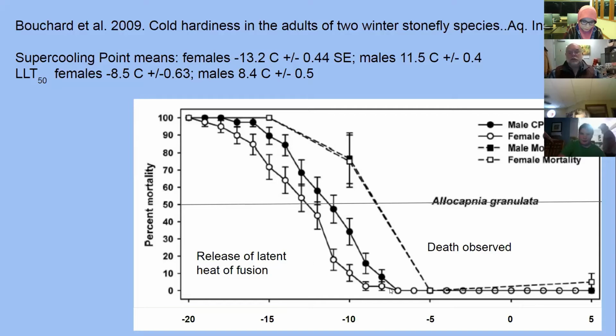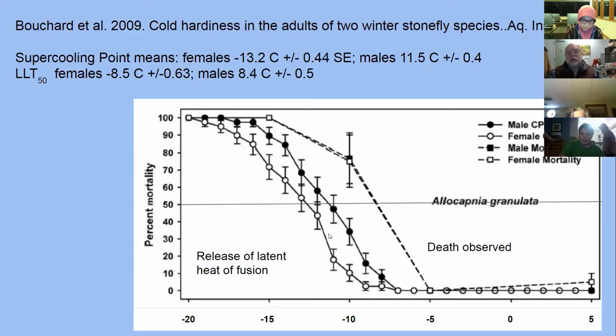And so they did a lot of replicates of this and found that they would freeze anywhere from close to -5 degrees C, all the way down past -20. Some individuals would not show this release of latent heat of fusion until it hit -20 or a little less.